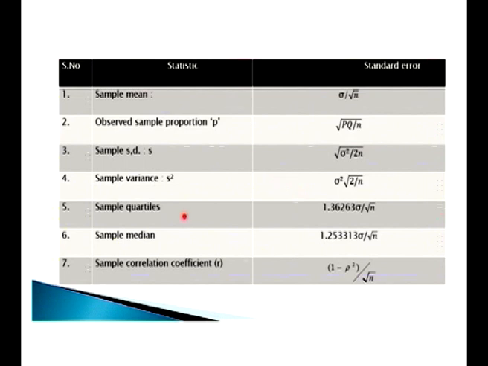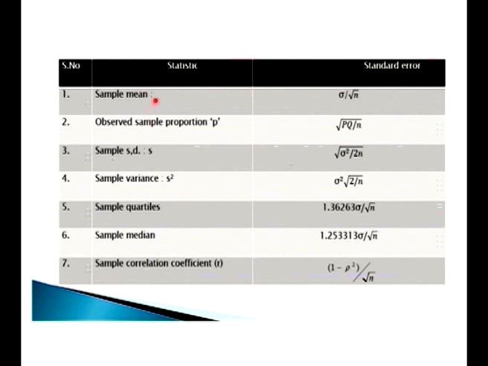Each statistic will be normalized using the normal distribution Z, where Z is equal to the statistic T minus the expectation of T, divided by the standard error of T. So all the standard errors which you are seeing in the tabular column will appear in the denominator of the standardization of a particular statistic.